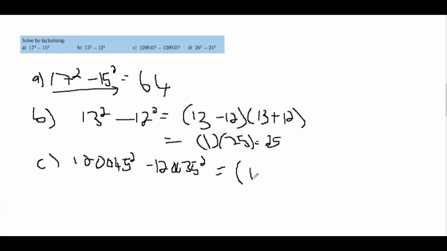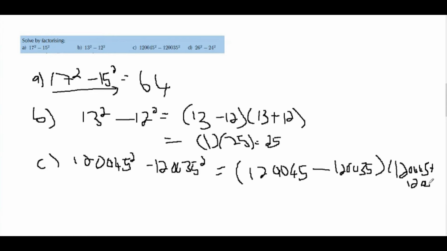So we have 1,200,45 minus 1,200,35, multiplied by 1,200,45 plus 1,200,35. That looks hideous, but just pretend I wrote it out properly.